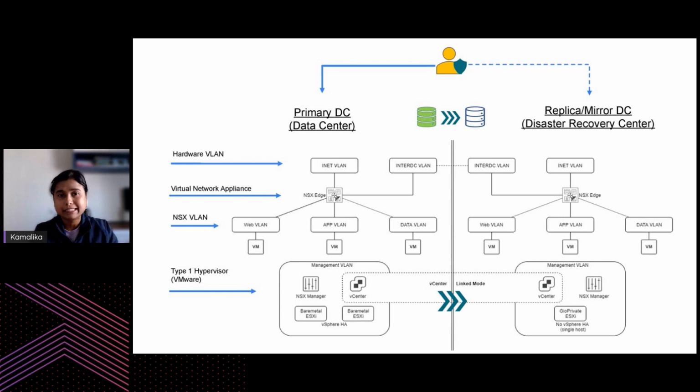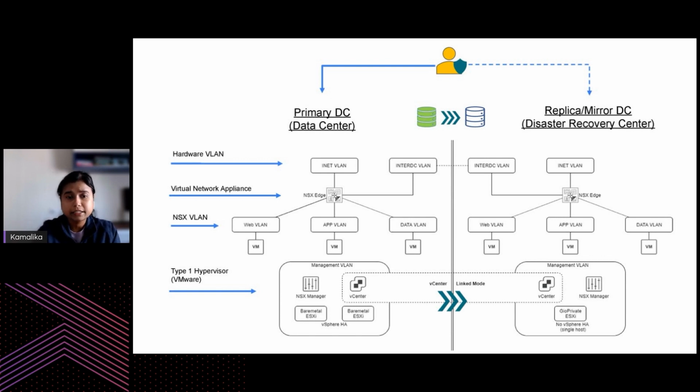So that was the layer for networking, and NSX Edge, to be precise, was the application provided by VMware for virtualized networking. We used that for our networking within each of these data centers.